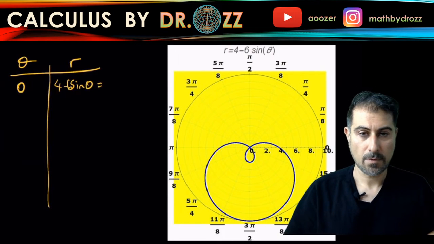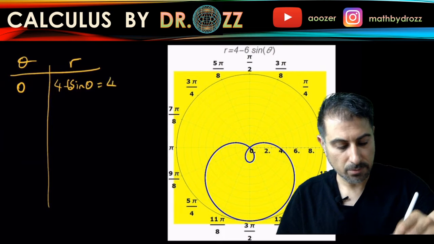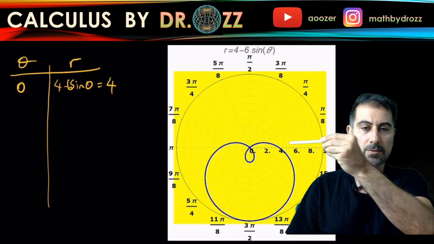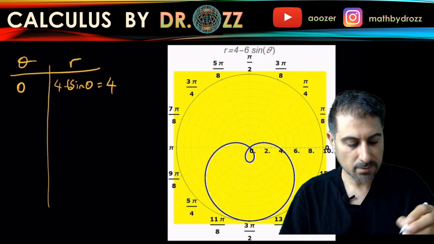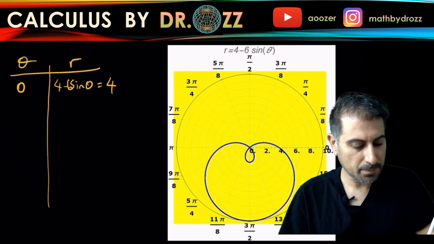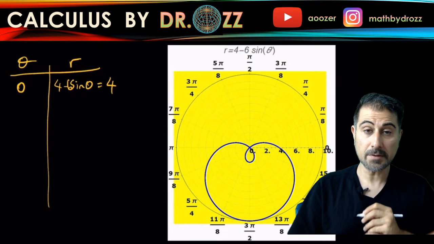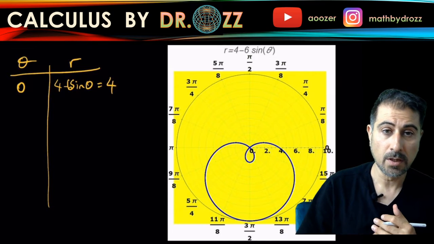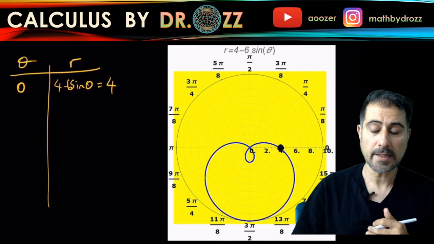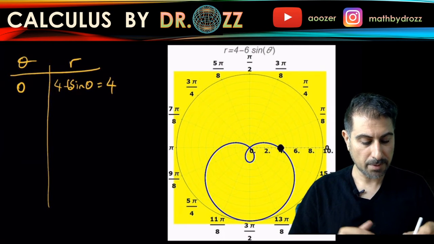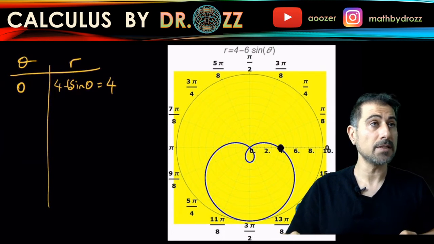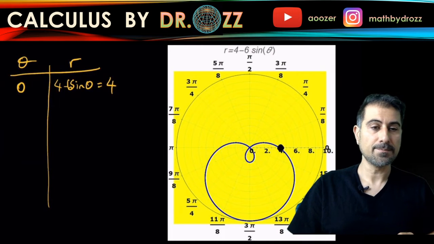At theta equals 0, which is in fact the x-axis, you're walking 4 units, so I'm ending up right here. I'm not even close to the inner loop. In fact, there's only one inner loop, so I'm still far from that. We should keep adding points.